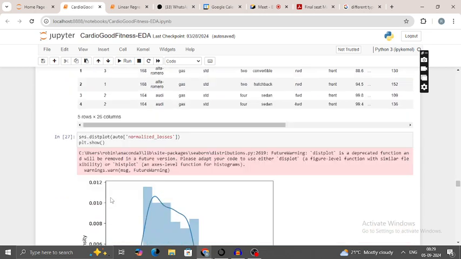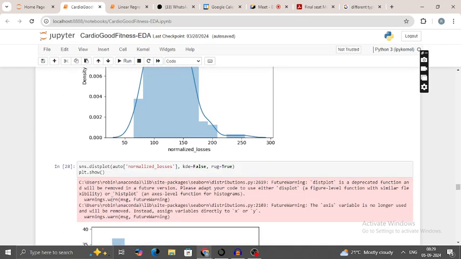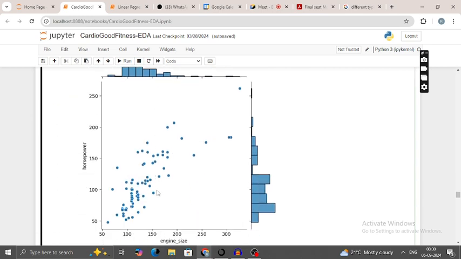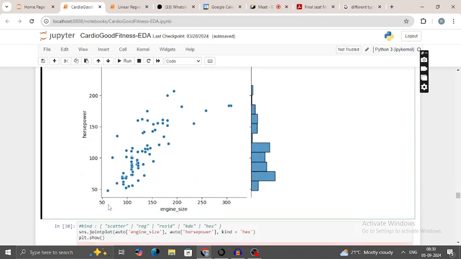Here, look at this. What I am checking here in the joint plot is engine size versus horsepower. Horsepower means the torque output that you are going to get from the engine. So I am checking the engine size with respect to horsepower. See, look at this. Engine size 50, 100, 150, 250, 300.